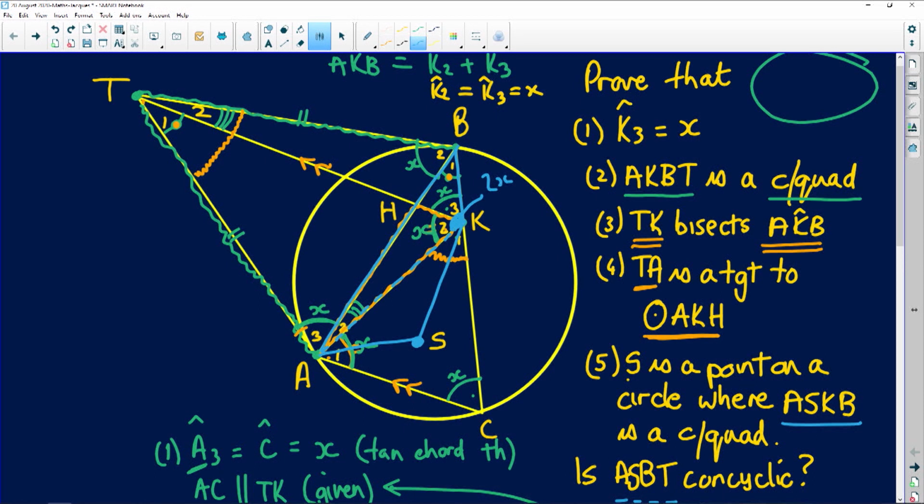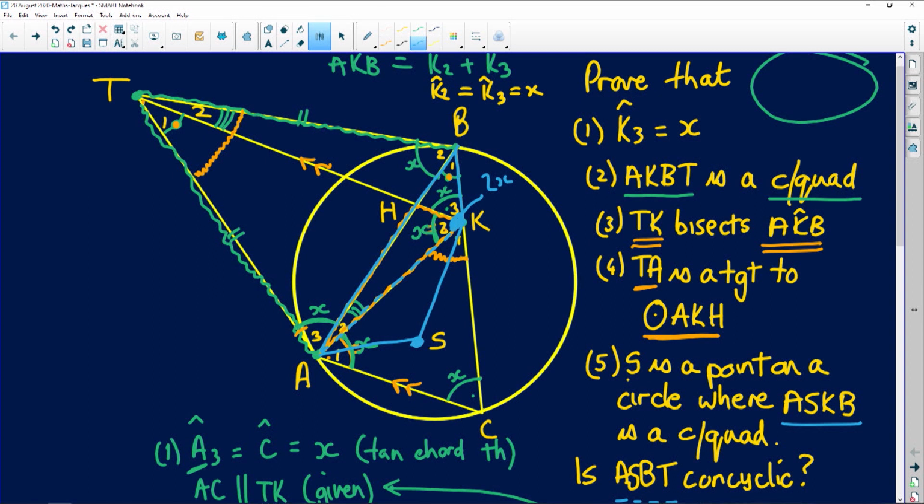We now have to argue, because the blue figure that we're working with, they told us is a cyclic quad. We must say something about the angles lying in this cyclic quad. Now we can also use the fact that these angles are supplementary to one another.